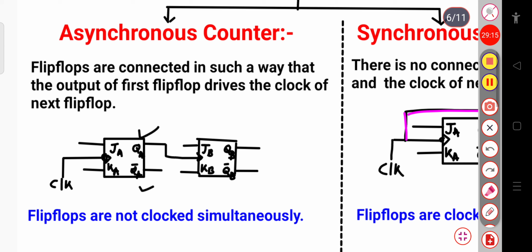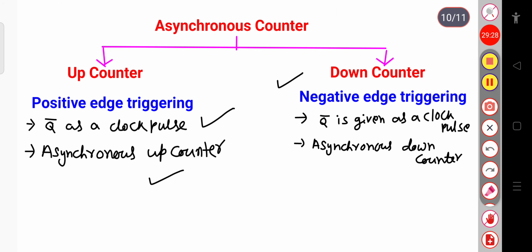In case of negative based triggering, if QA is connected to the clock pulse, then it will behave as an up counter. Clear? So if you can remember these things, you can guess what type of counter you are using.